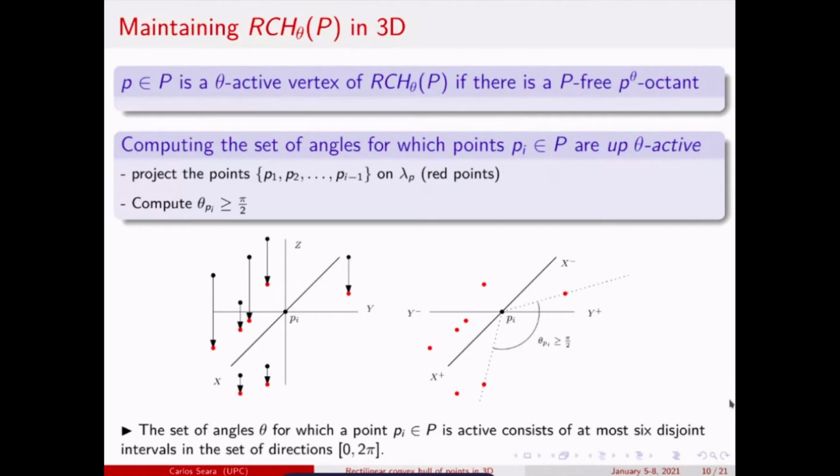Here you can see the plane passing through P1, and all the points which are above this plane can be dominated by one of these. If you project this on the plane, you get the red points in the figure.